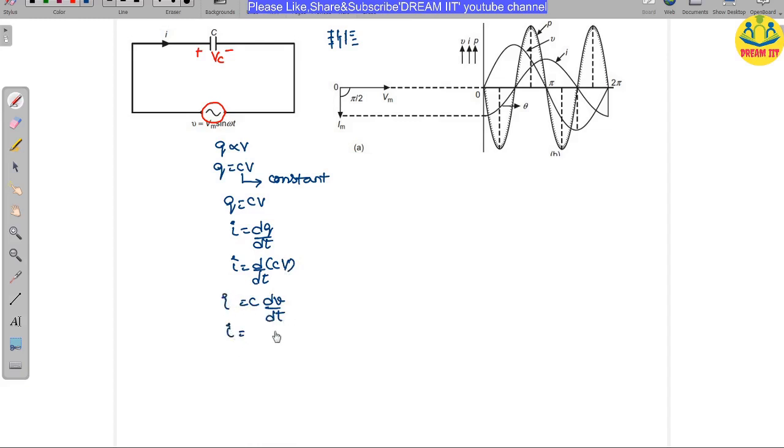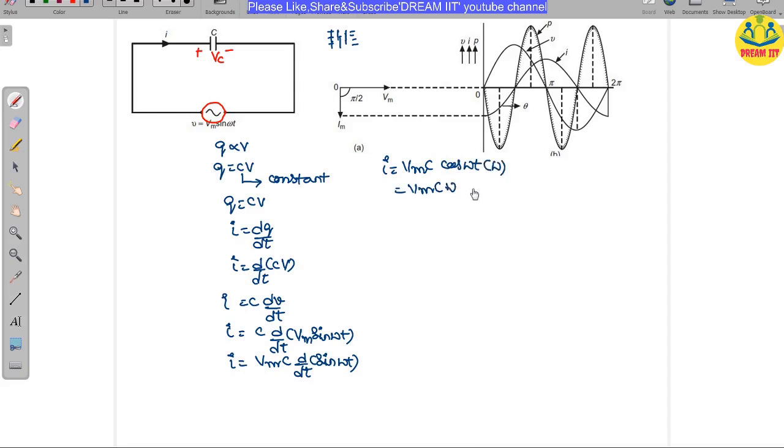So I is equal to C into d by dt of the applied voltage, Vm sin omega t. Taking Vm common, I is equal to Vm C d by dt of sin omega t. The differentiation of sine is cos omega t, and you get omega also here.